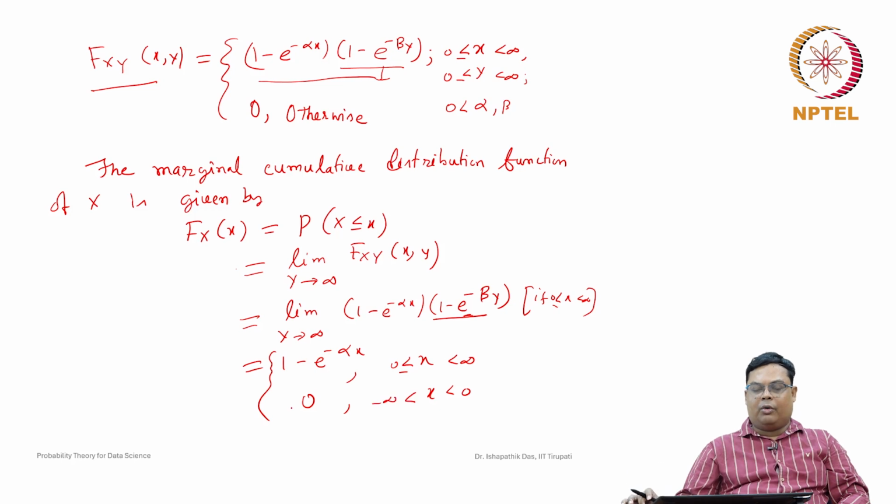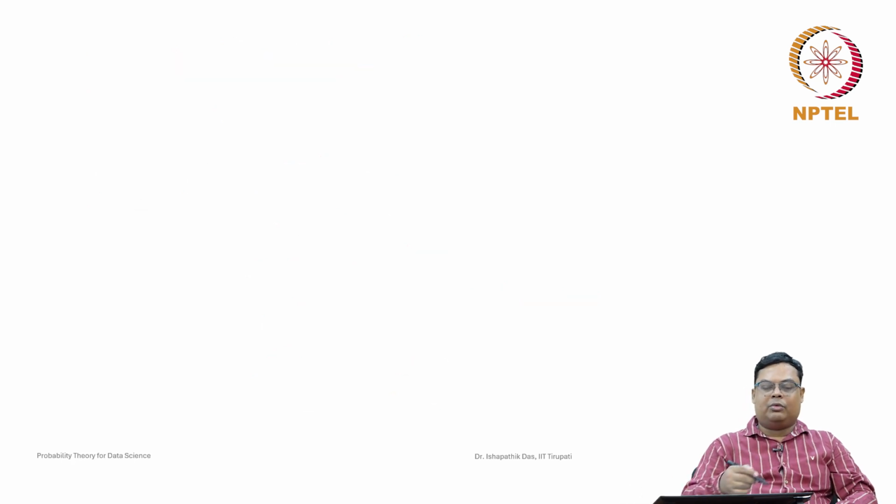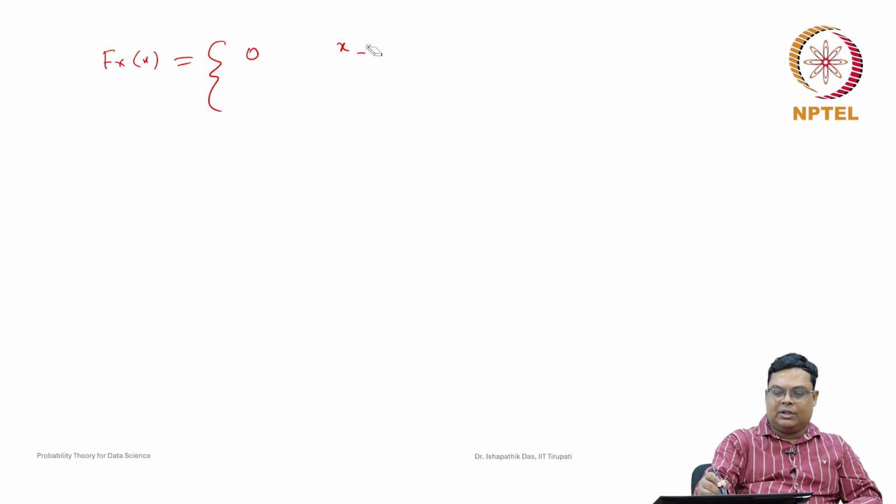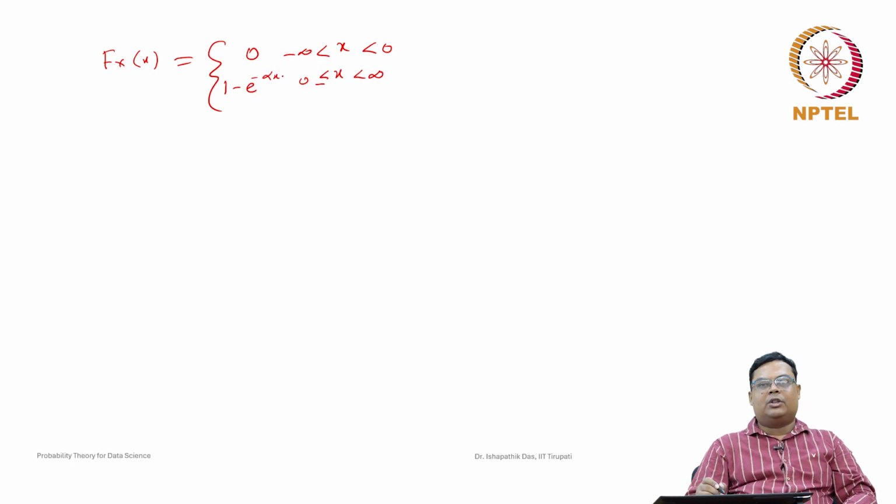So x greater than or equal to 0 and less than infinity gives this expression. Whenever we write a distribution function, we have to write the whole range. So F_X(x) is 0 for x less than 0, greater than minus infinity, and 1 minus e to the power of minus alpha x for x greater than or equal to 0, less than infinity.